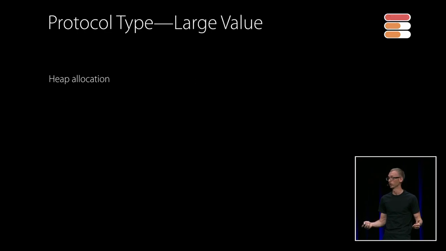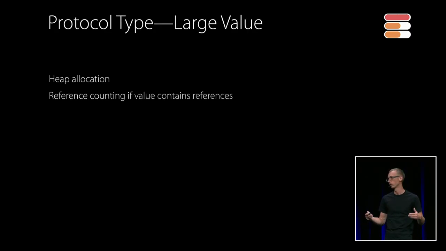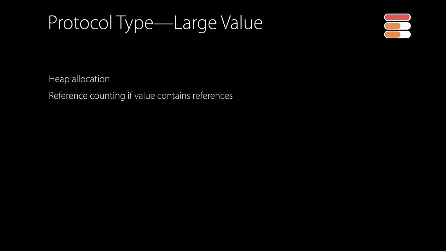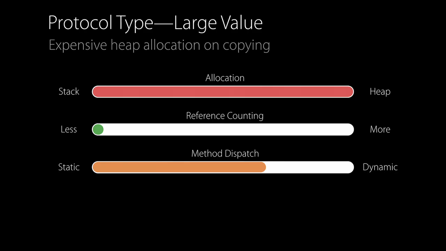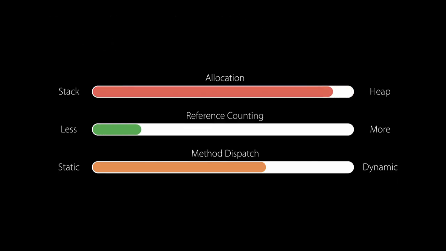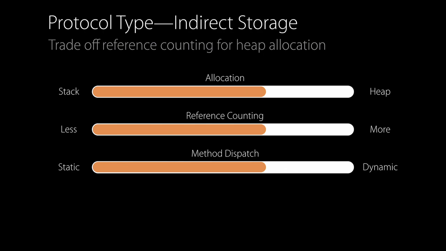Compare this with large values. Large values incur heap allocations whenever we initialize or assign variables of protocol type, and potentially reference counting if our large value struct contains references. However, I showed you a technique, namely using indirect storage with copy and write, that you can use to trade the expensive heap allocation for cheaper reference counting.